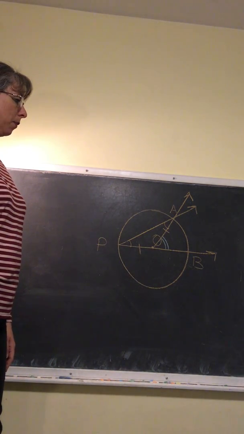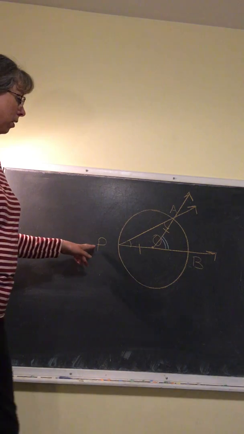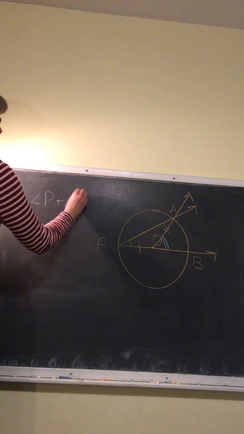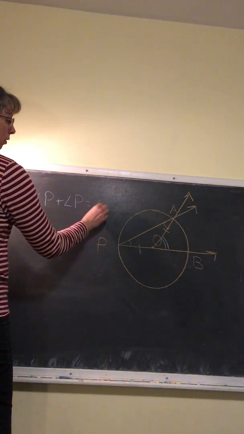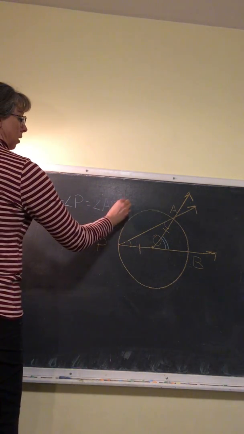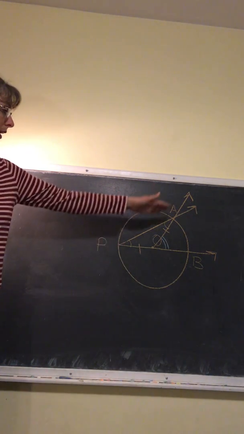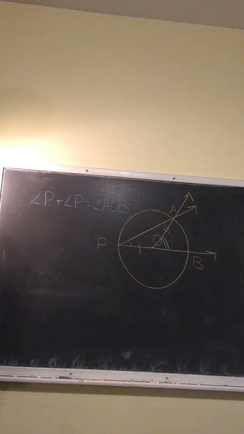All right, angle P plus angle P equals angle AOB. Why is that true? That is a matter of substitution because angle P is the same as angle PAO that we added before.